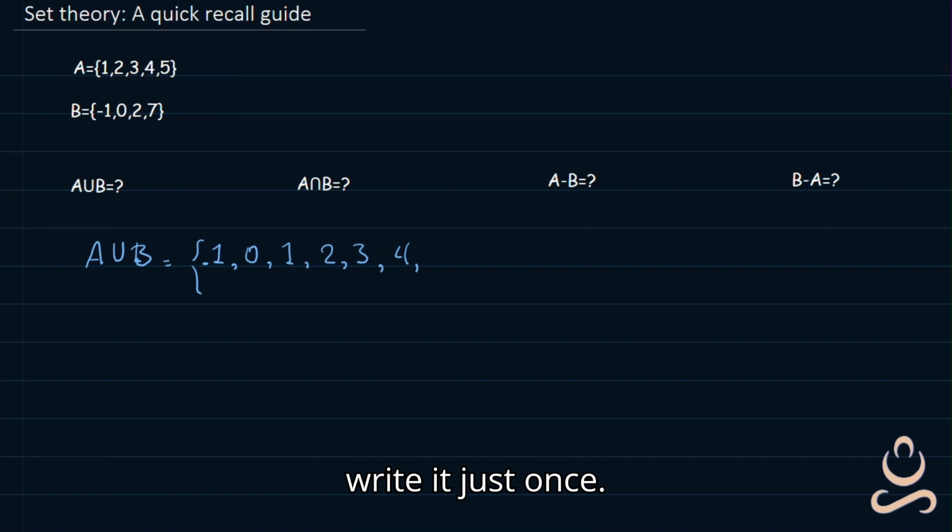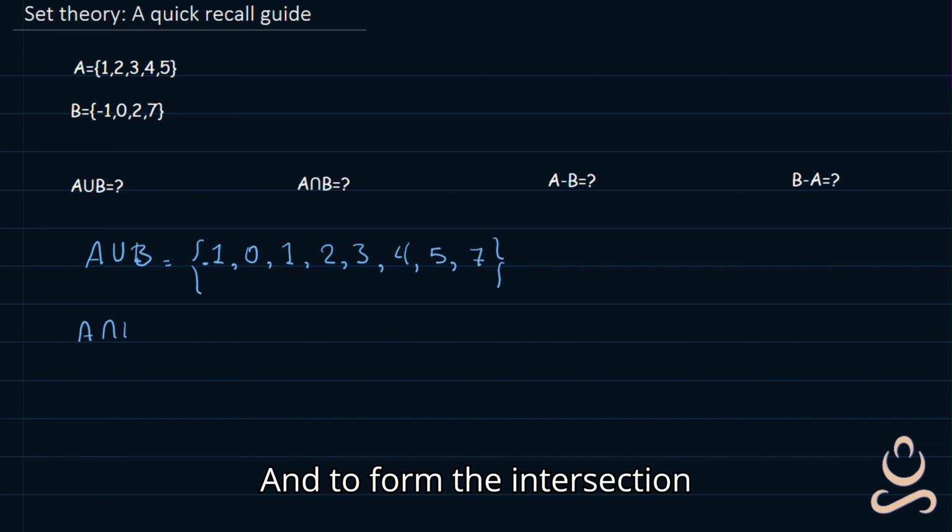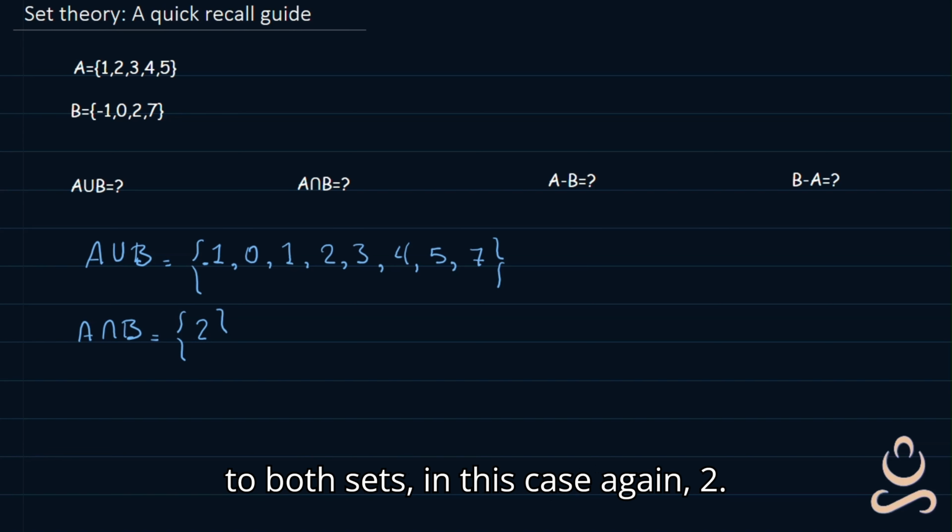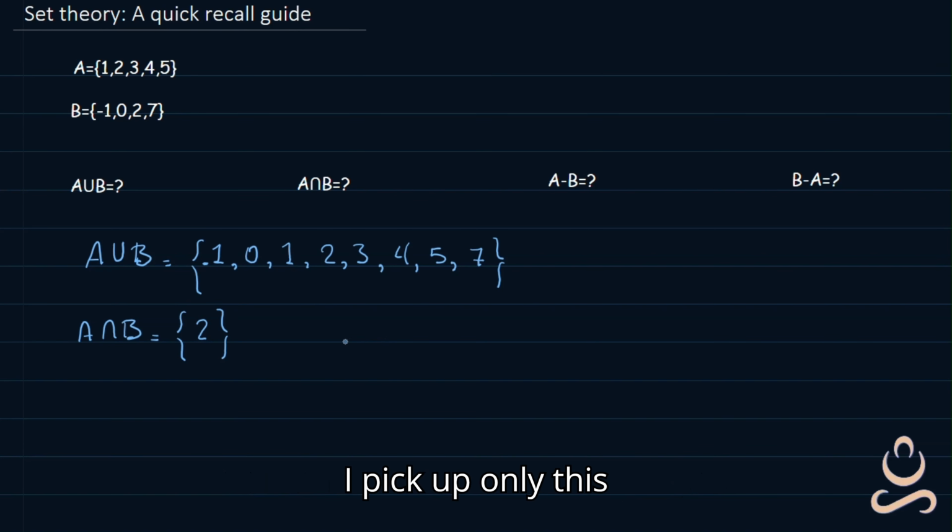I write it just once. And to form the intersection set, I choose only the numbers that are common to both sets. In this case, again, 2. I pick up only this number.